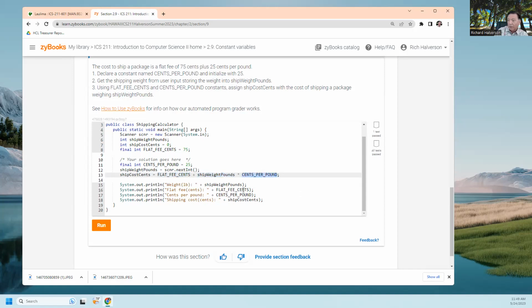This multiplication has precedence over the plus sign. Anyway, let's run this and see if it works.